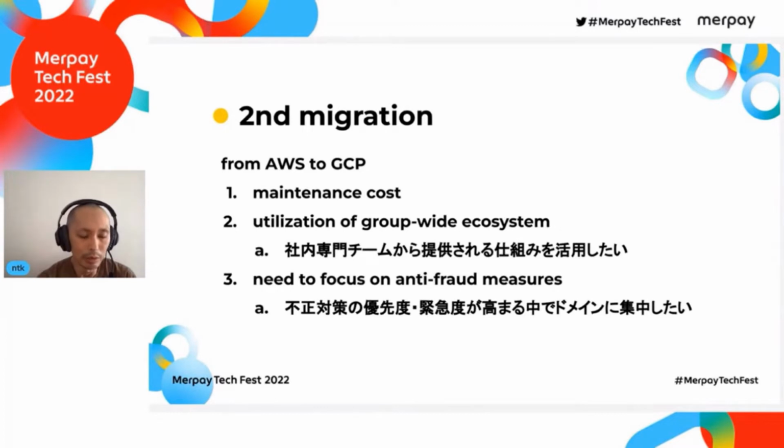So we have the same maintenance cost issues. Also, unlike Splunk, these systems are microservices and batches that are developed by ourselves. Usually, the Merpay backend team develops microservices by leveraging the tools provided by our in-house specialized team of SREs and architects.